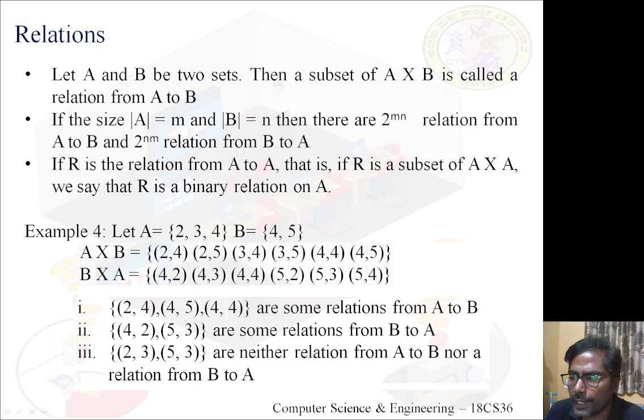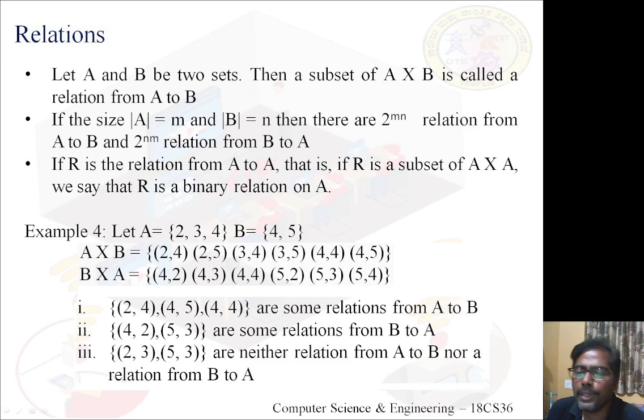Now let me analyze how many relations may exist from set A to set B, and also how many relations might exist from set B to set A. Let me assume set A contains m elements, that is, size of A equals m, and set B contains n elements, that is, size of B equals n.